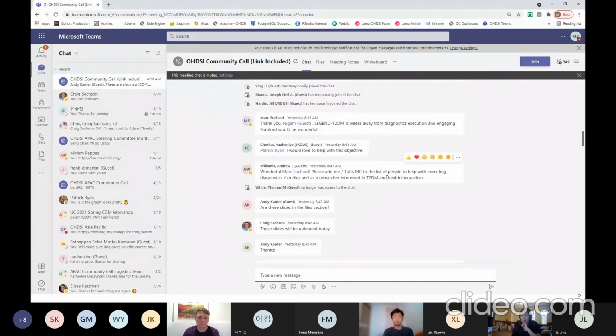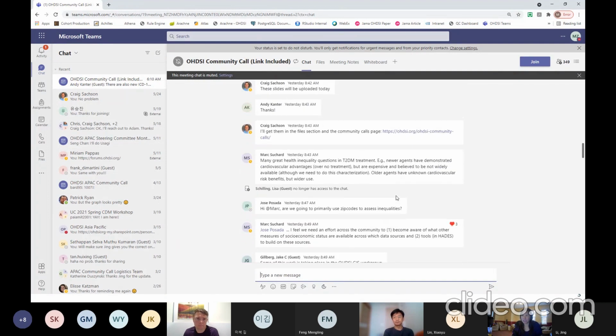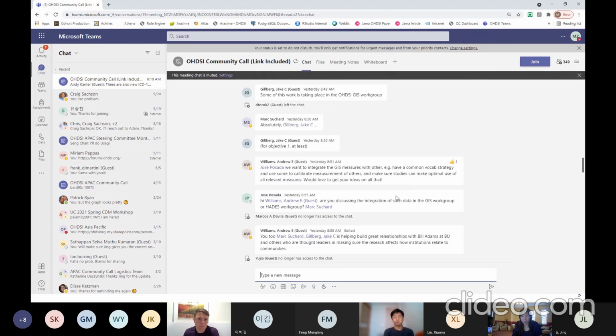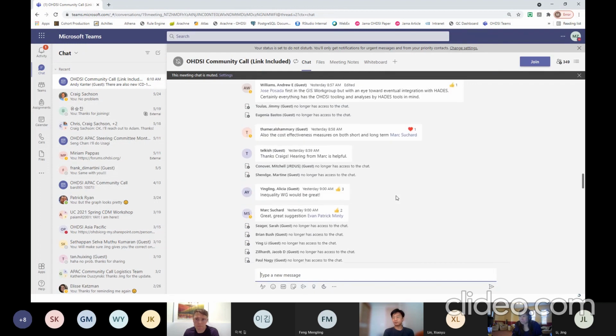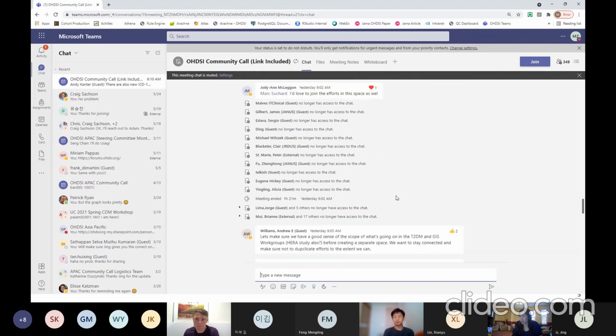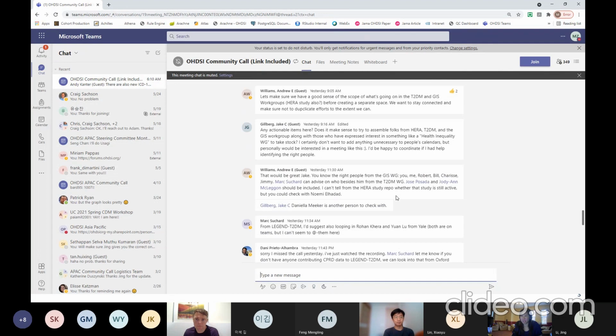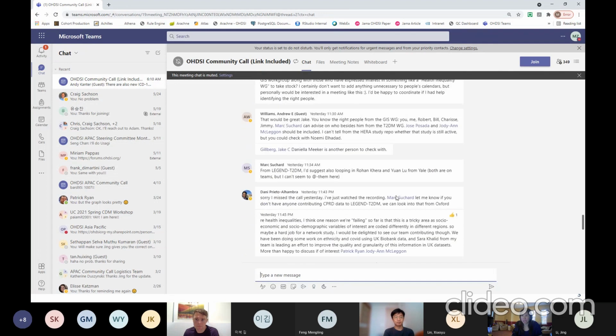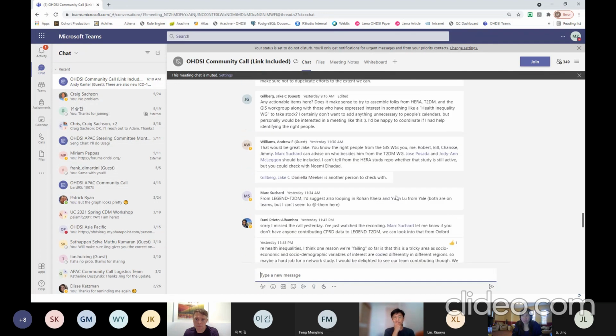They do talk about a lot of interest in health inequality, and Patrick has suggested starting a working group on that. So if you have an interest, you can look out for that working group.